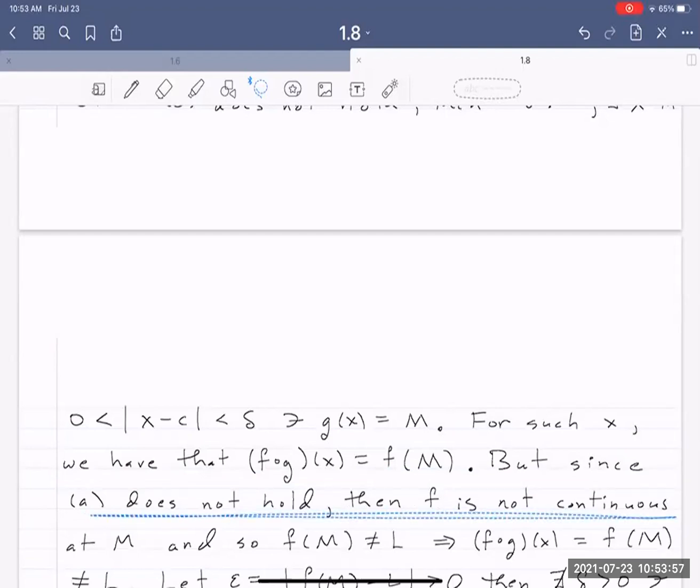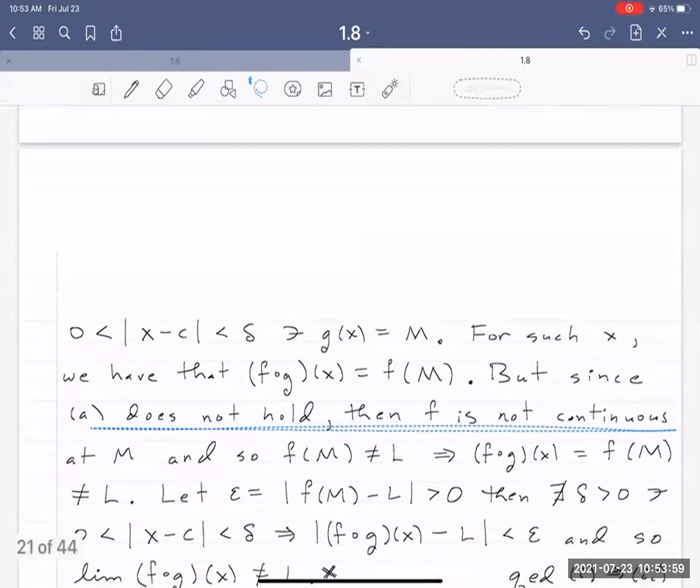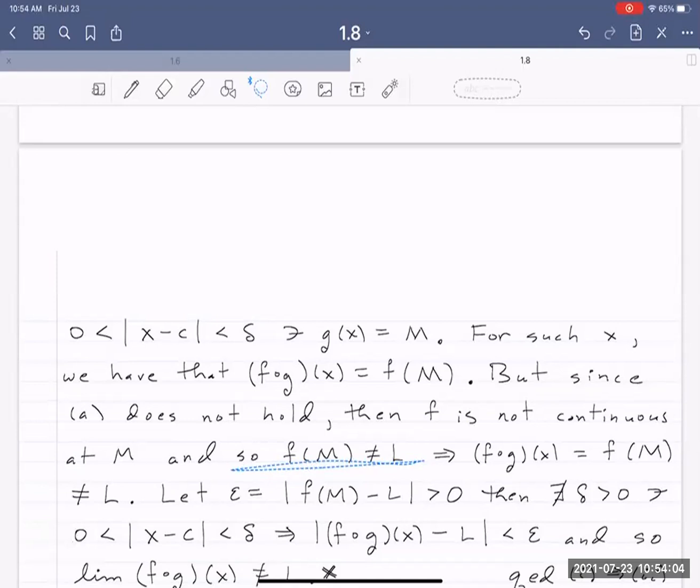then f is not continuous at m. So f at m cannot equal L. Therefore, f composed with g at x is equal to f at m, which is not L. Let epsilon equal f of m minus L in absolute value.